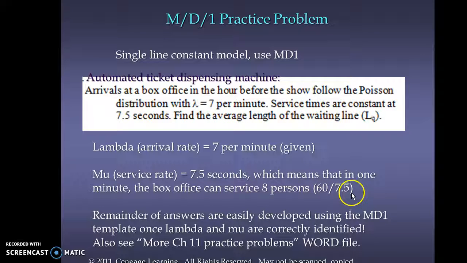It'll be 60 divided by that value. So I can service 8. So the answers for any of the L sub Q or W, whatever it might be, are easily developed using the MD1 template once we correctly identify lambda and mu. See the More Practice Problems Word file for a little more detail.